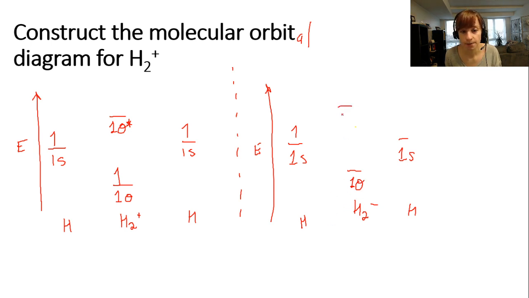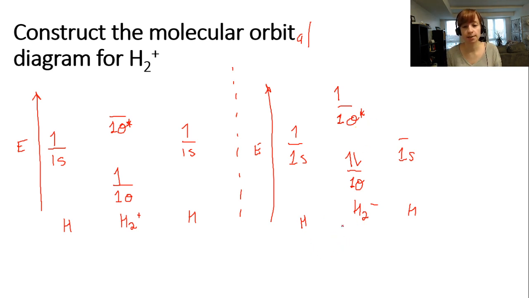The minus or plus charge just impacts the number of electrons. If we had H2 neutral, it would be 2 electrons in the 1 sigma orbital. But because we have H2 minus, the negative charge adds an electron. So we're going to add an electron into the sigma star.